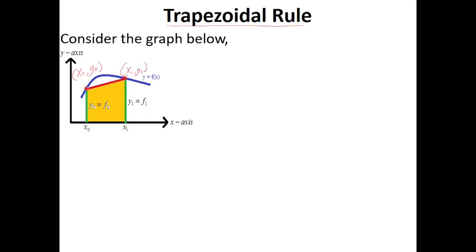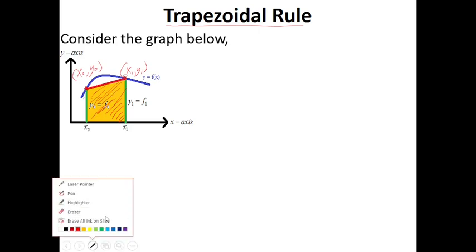Connecting a line from point x sub 0, y sub 0 to x sub 1, y sub 1, the area below this line is the approximated area of the actual function, which is below the graph of the actual function.